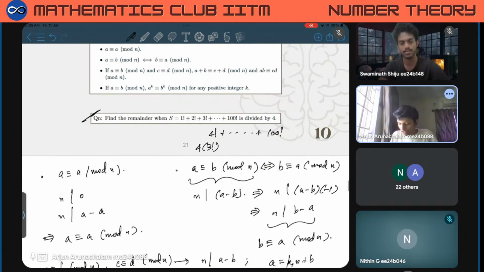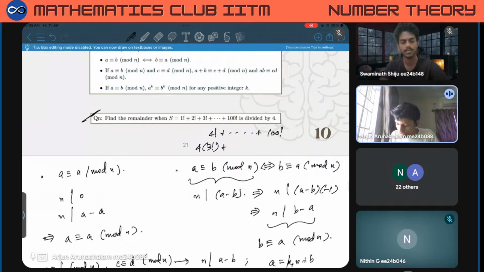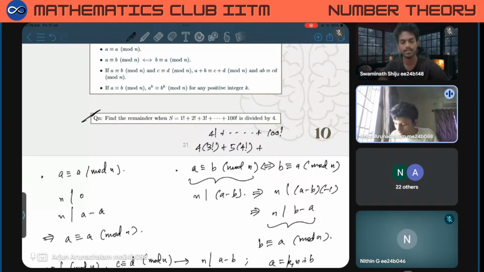So notice that from this onwards you can write everything as 5 into 4 factorial plus 6 into 5 into 4 factorial and so on. So every term henceforth is divisible by 4. So it leaves a remainder of 0 on division by 4. So what you need to care about is just the first 3 terms. So 1 plus 2 plus 6. So this is 9. And 9 leaves a remainder of 1 when divided by 4. So that is how we get the remainder as well. Yes.